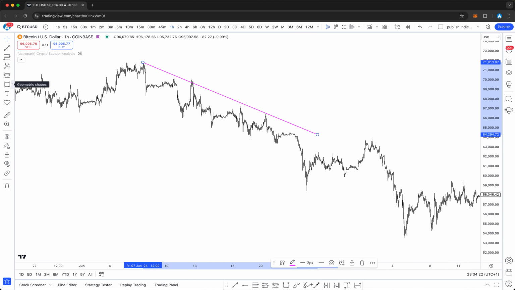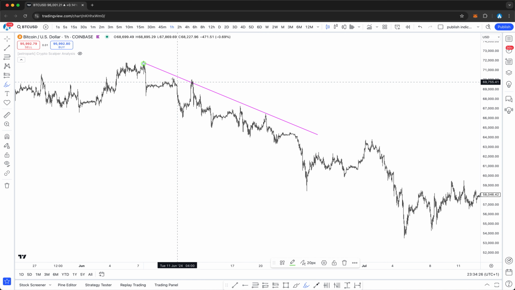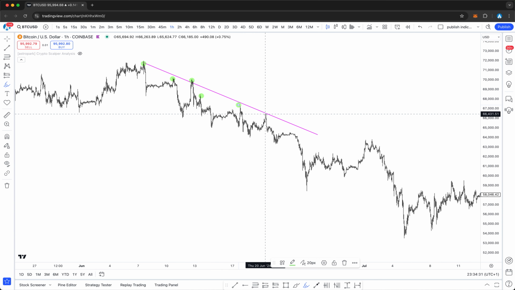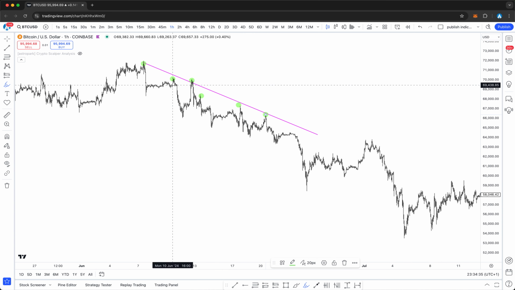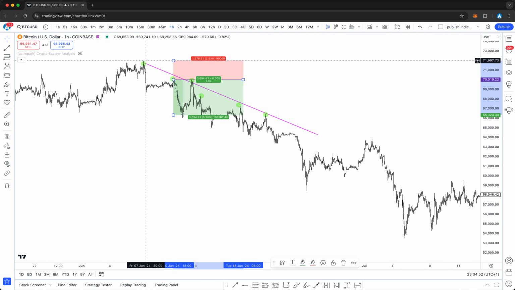So let's do something like this. This is a high, another high, another high, another high, another high. So always lower highs. So the idea is that, if I want to sell here, the stop loss for me is above this, because this is the real invalidation of a bearish market structure.